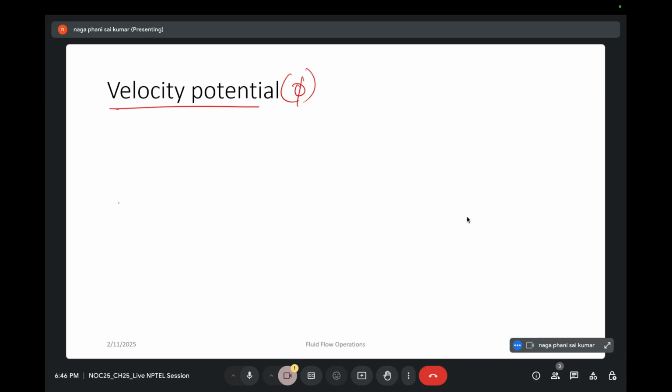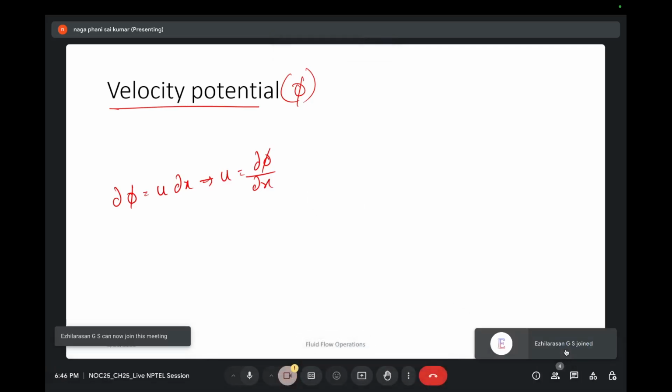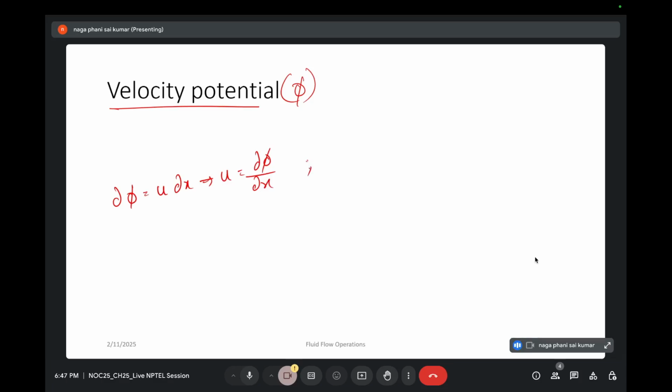Okay. So, as per definition, dou phi is equal to u into dou x, which means u is equal to dou phi by dou x. This is for the x direction, and similarly for the y direction we can apply this, right?